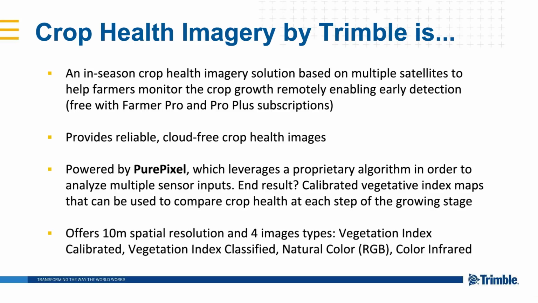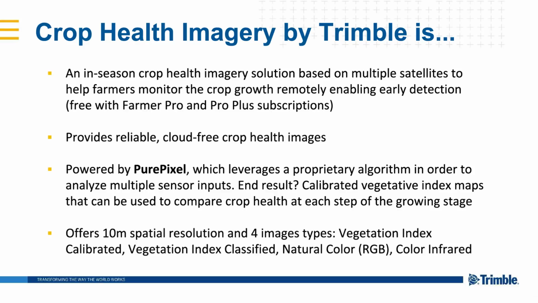As we've covered, it's an in-season crop health imagery solution based on multiple satellite feeds to help farmers monitor crop growth remotely and enable early detection. The images are reliable and they are cloud-free, which saves you time. Crop health imagery is powered by PurePixel, which leverages a proprietary algorithm to analyze multiple sensor inputs.